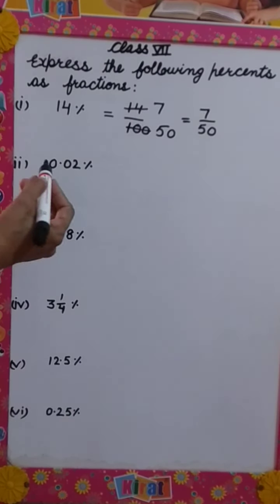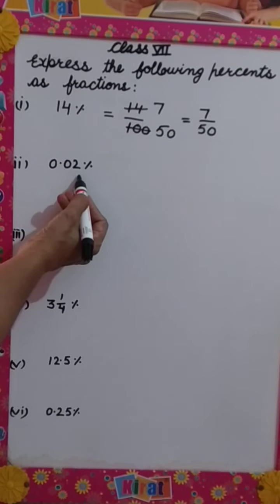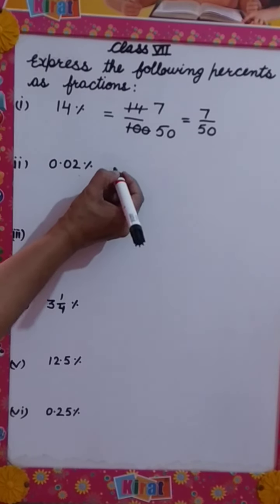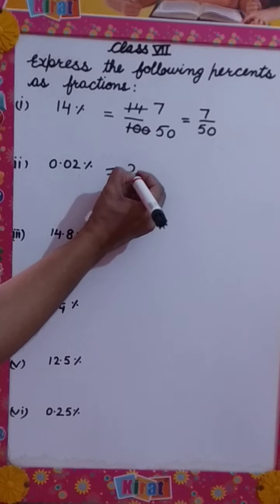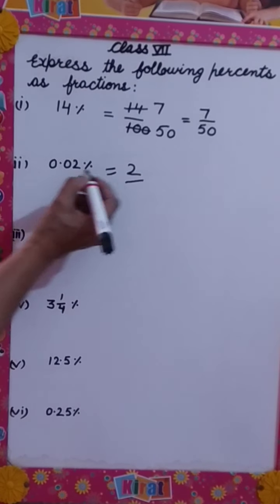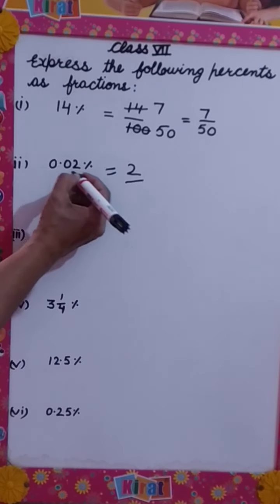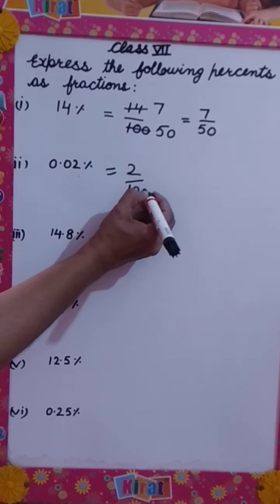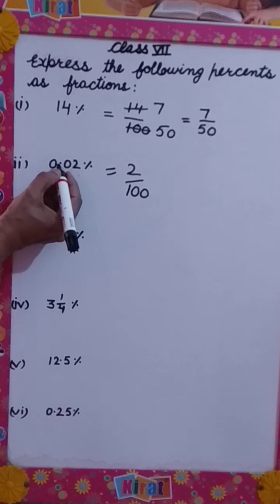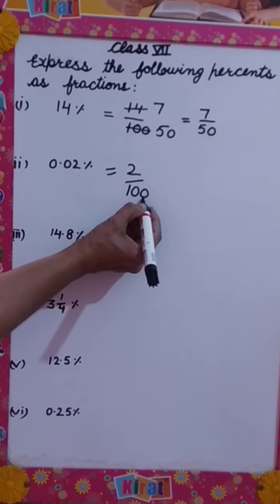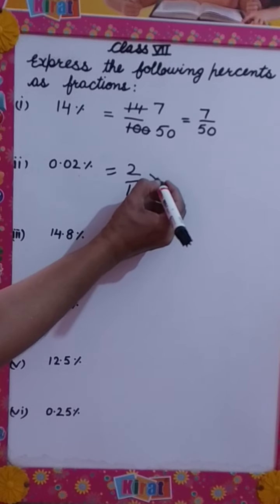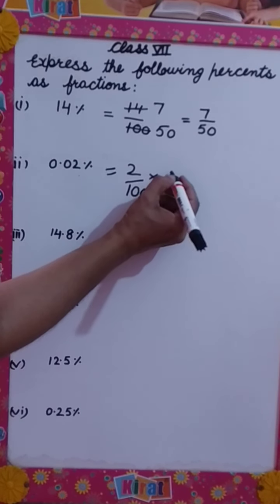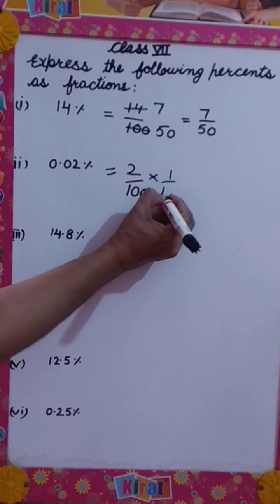Next is 0.02%. So we will write it like this. 2 over, first of all I will remove the decimal, put 2 zeros because after decimal there are 2 digits, so I have put 2 zeros here, multiplied 1 by 100 for percentage.